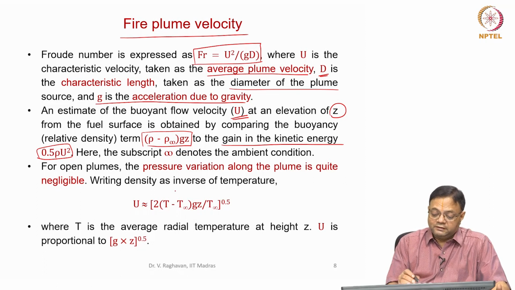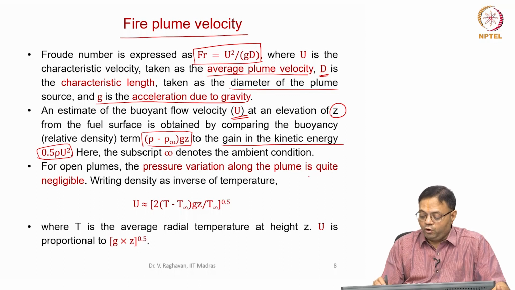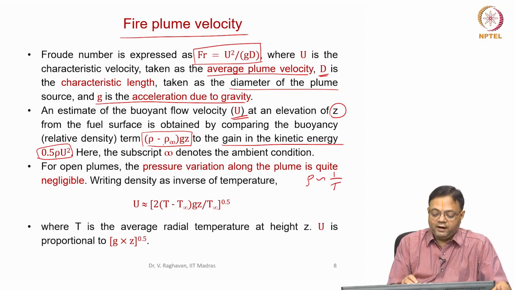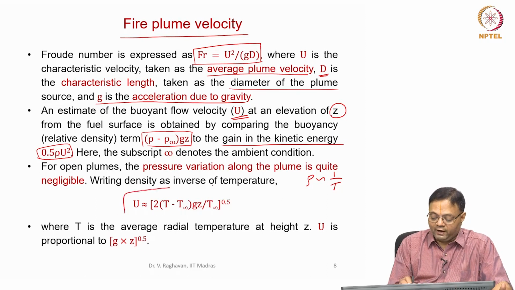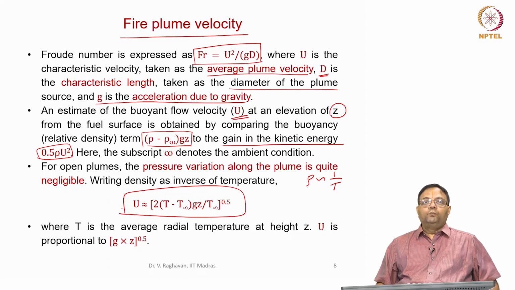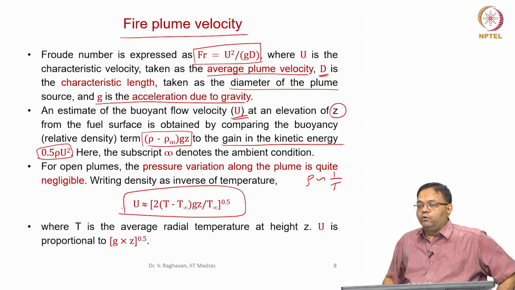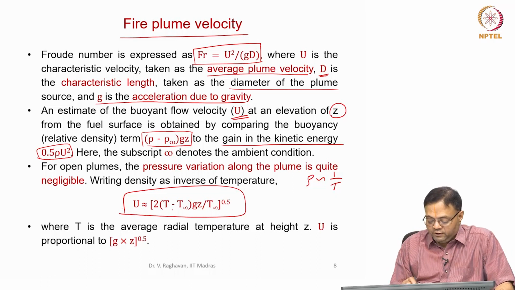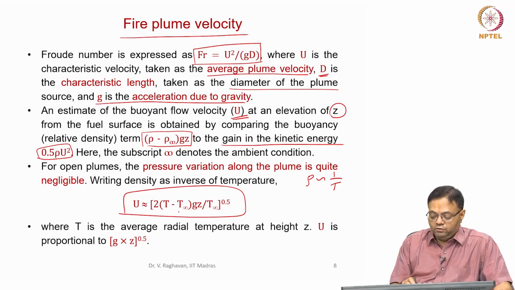Now, I know that density goes as 1 by T, so the density gradient can be written in terms of temperature. Combining these two, I can write the estimate of the average plume velocity u equal to root of 2 times (T minus T naught) into g z divided by T naught.